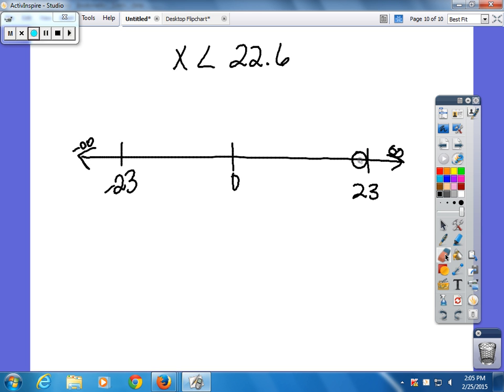In other words, it's like a little force field. You can't touch it. And what numbers are less than 23? Everything to the left.